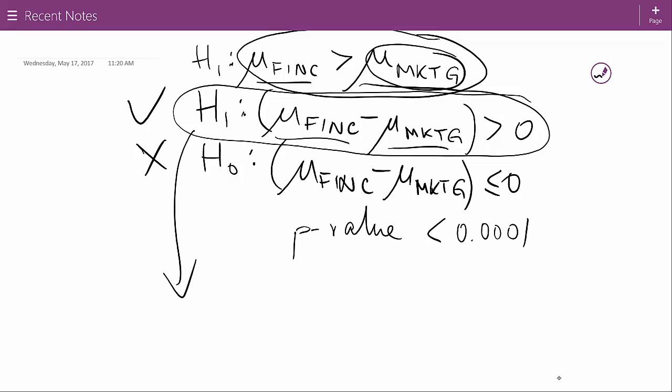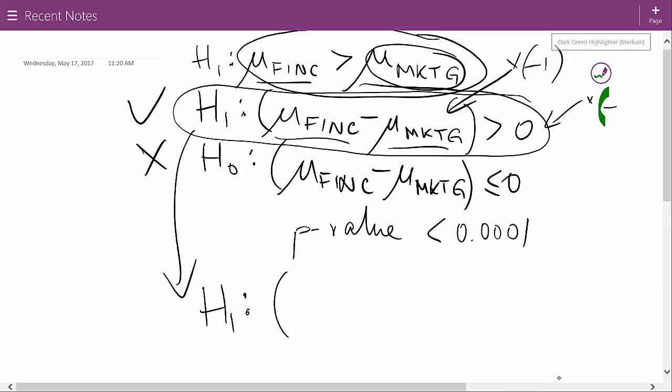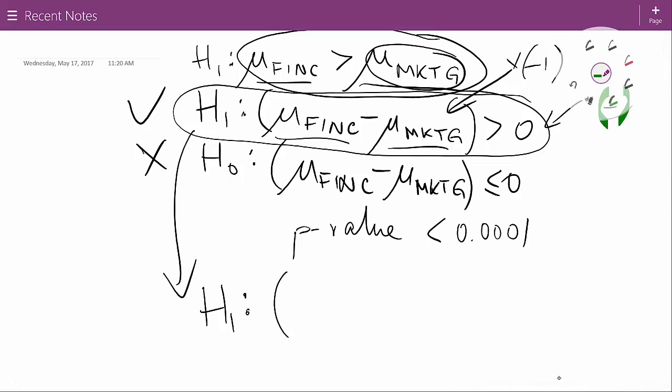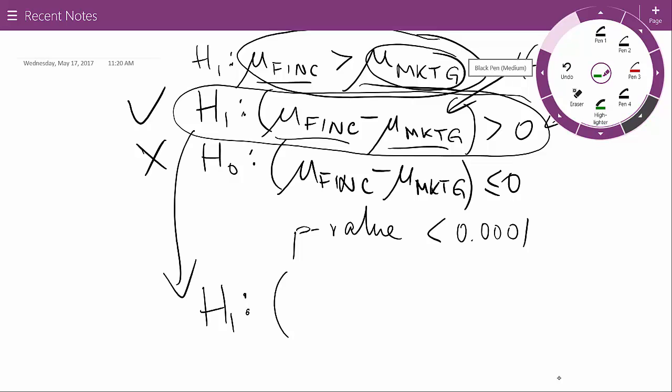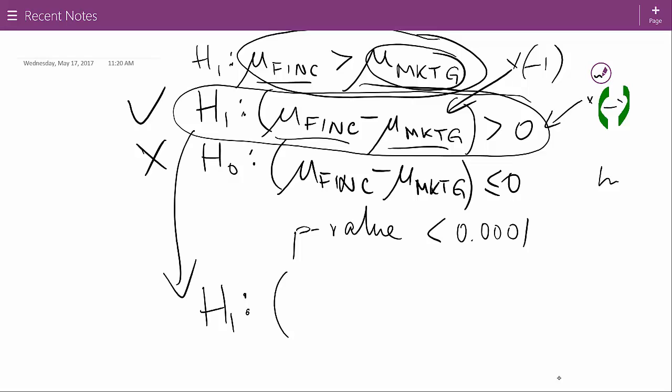It flips. So this alternative hypothesis is really equivalent to multiplying the left side by -1 and the right side by -1.